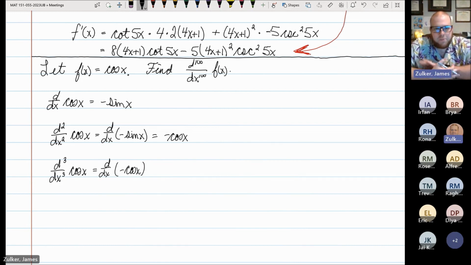Third derivative would be the derivative of the second derivative, which is just sine.